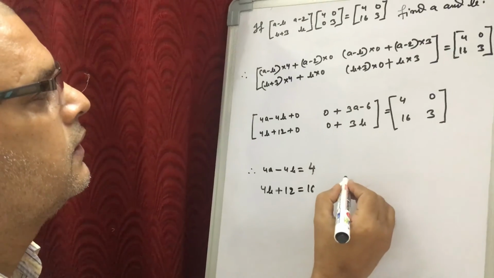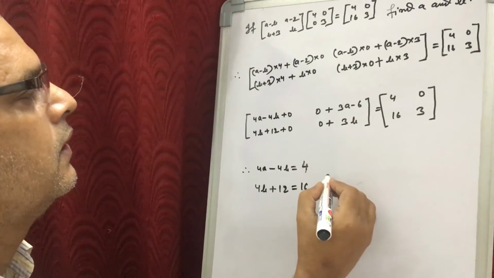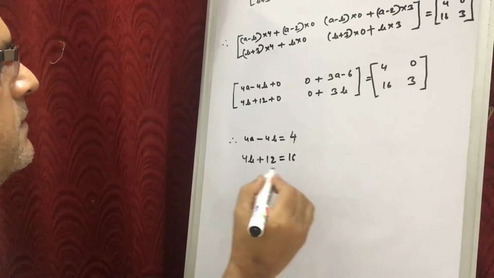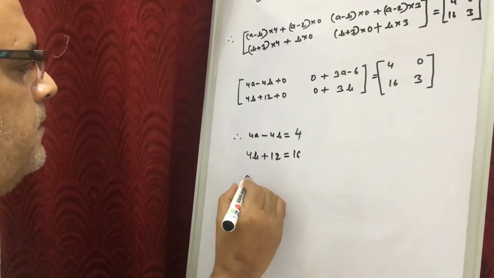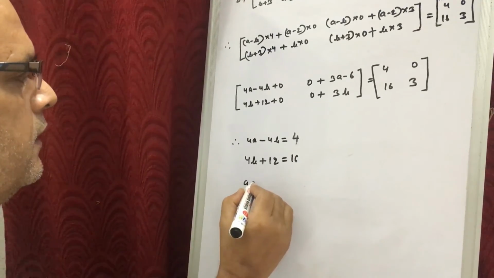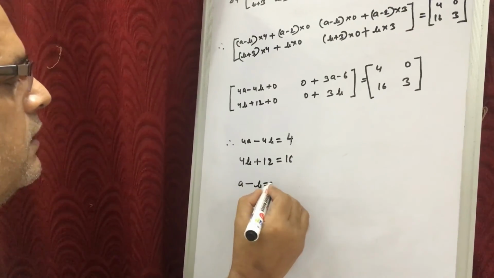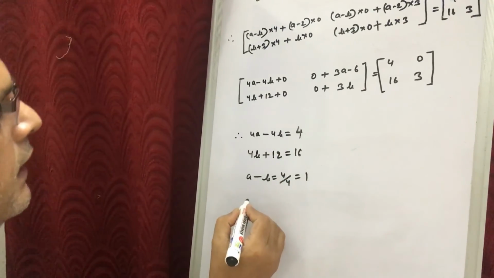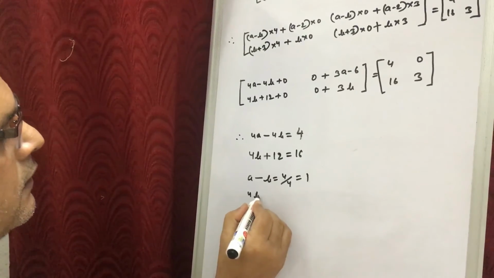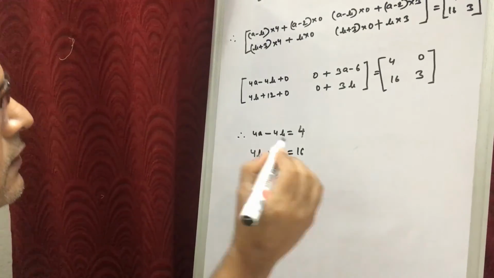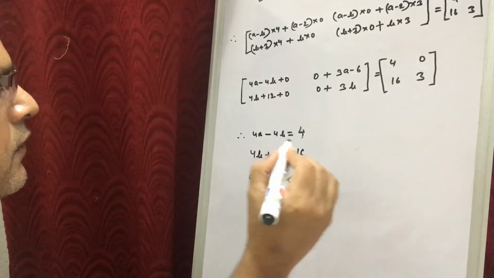Now I have to solve this one. So it will be 4a minus 4b is equal to 4, so a minus b is equal to 4 by 4 is equal to 1. And this will be what? 4b is equal to 16 minus 12 is equal to 4.